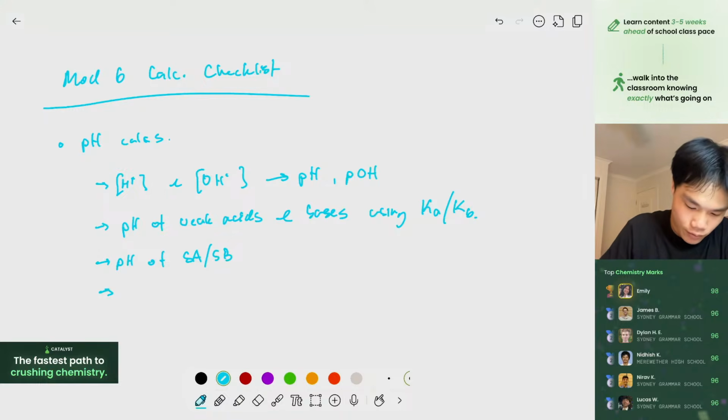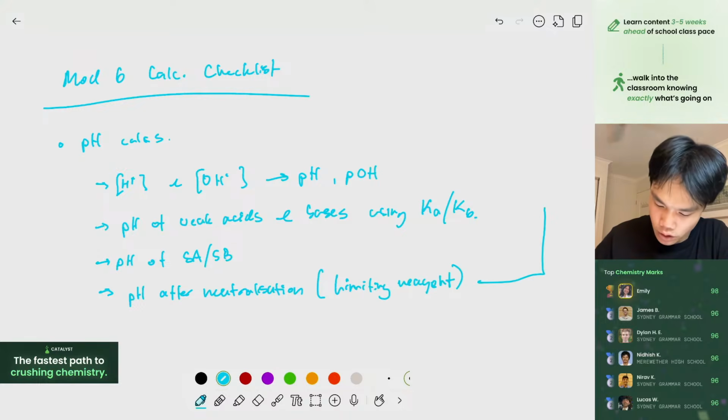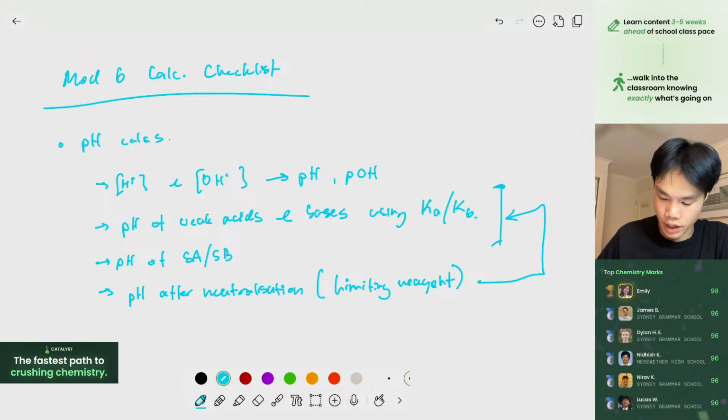You then have pH after neutralization, which is essentially a limiting reagent question. Limiting reagent, which then flows into one of these two, depending on whether your excess is strong or weak. So pH after neutralization, very, very common.